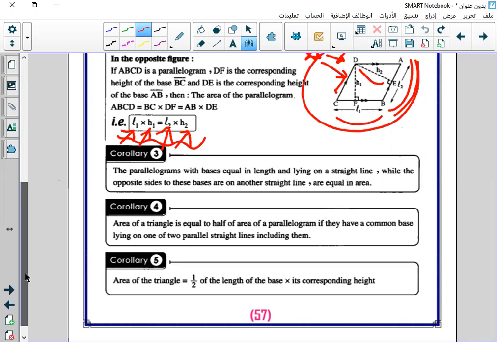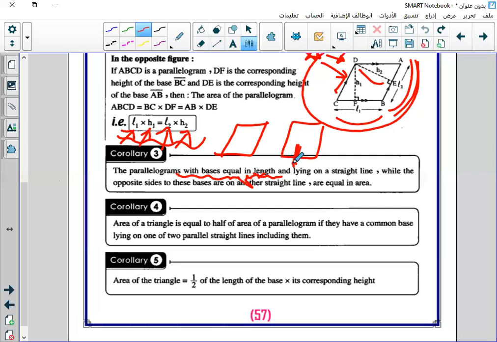Do you understand this corollary or not? The parallelograms with bases equal in length. If we have two parallelograms, their bases are equal in length. This is the first parallelogram and this is the second.